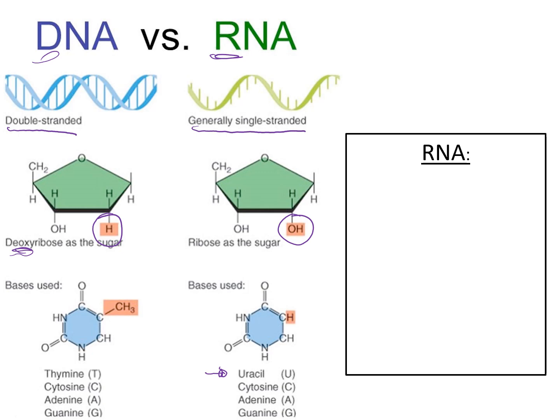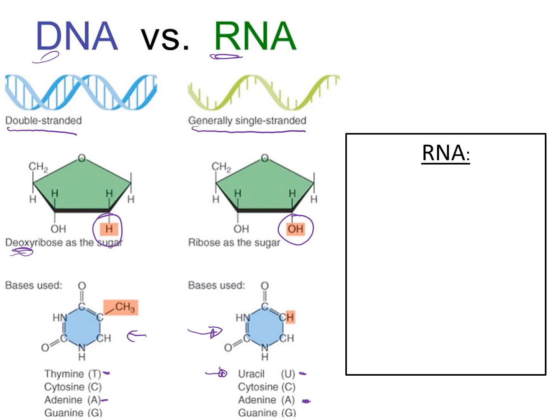Here's the example. This is a picture of thymine. This one right here is a picture of uracil. Thymine always combines with adenine, okay? And since uracil looks so much like thymine, adenine only combines with uracil when it's in RNA.